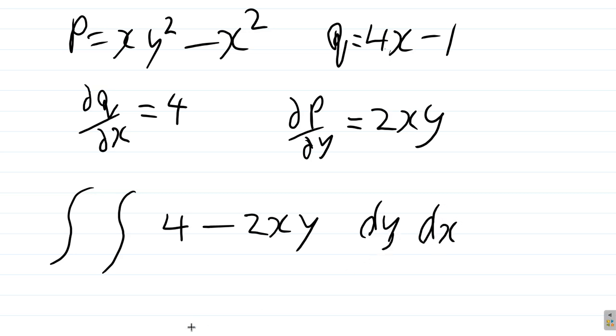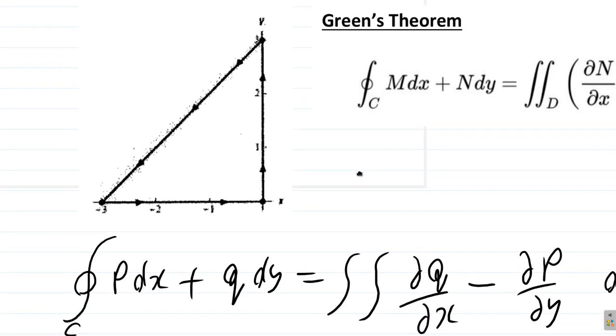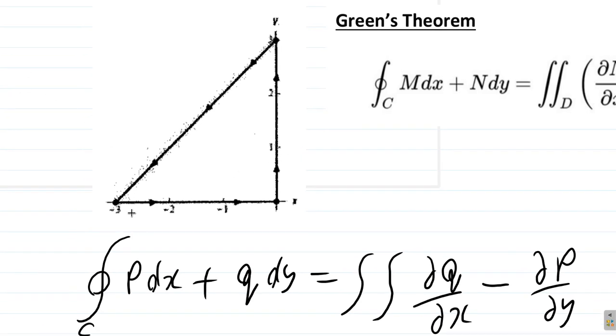Now what that means is that I'm going to integrate with respect to y. So I need to look at the boundaries and see what's happening here. You have negative 3 here, so negative 2, negative 1, you have 0 here. Let me just highlight these. 1, 2, 3.